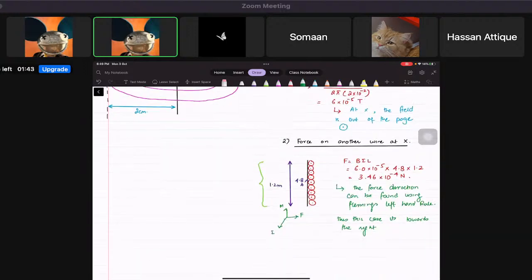So they're going to ask you this: what will be the magnitude of force and direction of it on the wire carrying current of 6 amperes? Okay, so this is the wire.